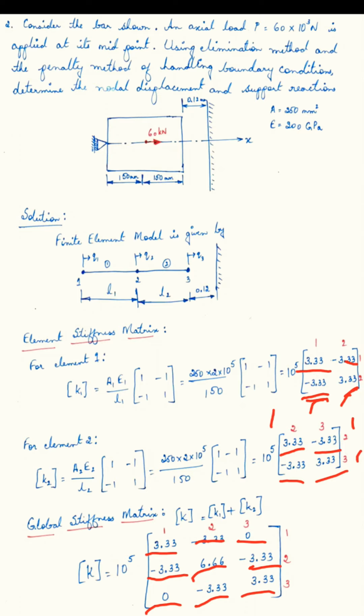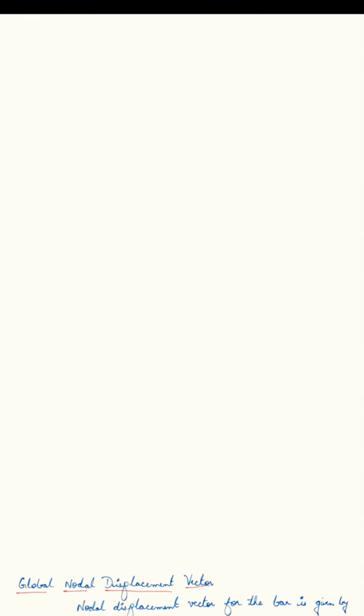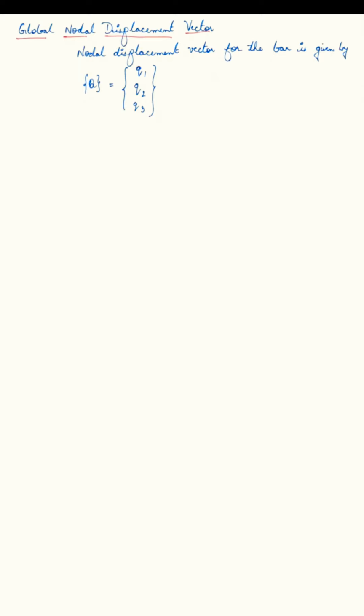With the global stiffness matrix known, we will try to formulate the global nodal displacement vector. Global nodal displacement vector is given by Q1, Q2 and Q3, where Q1 corresponds to displacement at node 1, Q2 corresponds to displacement at node 2, Q3 corresponds to displacement at node 3. Now we will also formulate the global force vector, which is given by F1, F2 and F3.